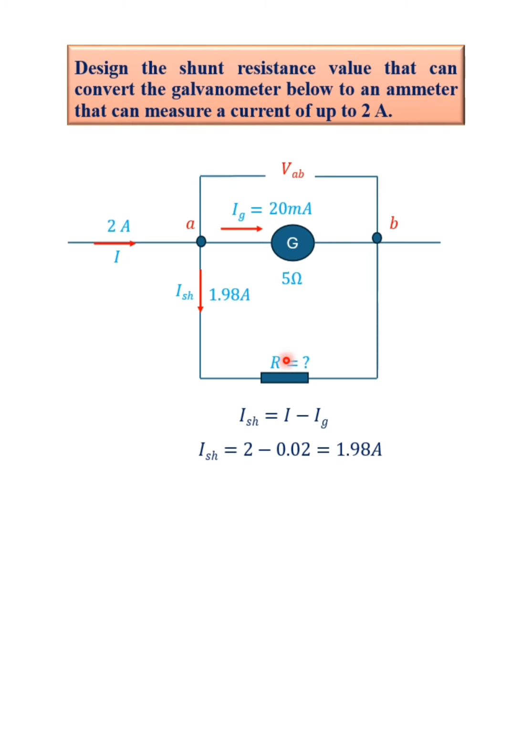So let's call these 2 points that are connected to the galvanometer as well as the shunt, A and B. Let's call it AB. And let's call the voltage appearing across these 2 points VAB. In other words, we are saying VAB is equal to the voltage dropped across the shunt, and is also equal to the voltage dropped across the galvanometer.